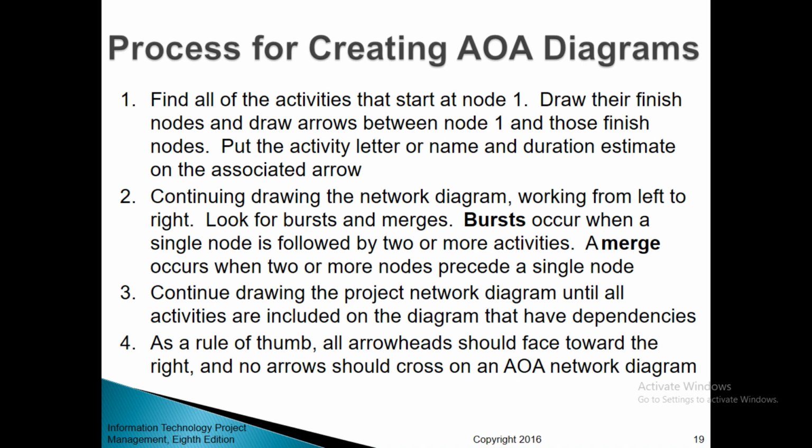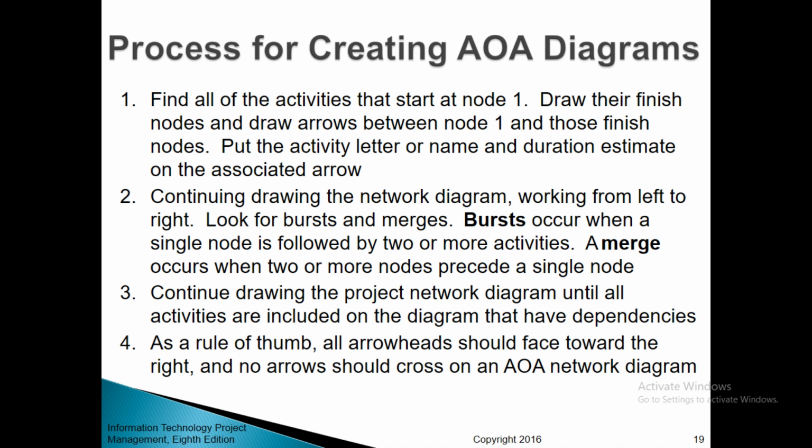Number 2, continue drawing the network diagram, working from left to right. Look for bursts and merges. Bursts occur when a single node is followed by two or more activities. A merge occurs when two or more nodes precede a single node.